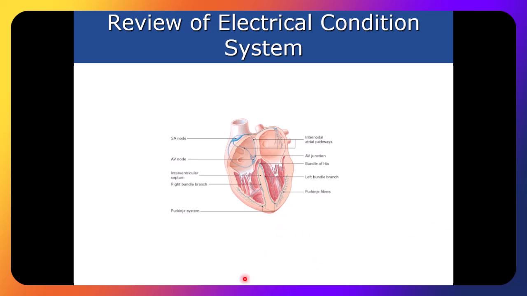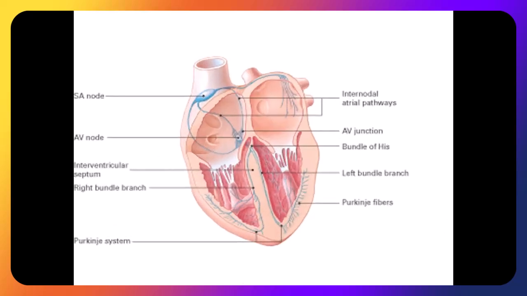Okay, let's do this. Let's make this a little bit bigger. Now, as we're looking at this, again, remember, I can only go to one side when I enlarge. Right here is our AV junction. So when it fires, remember it's sending the impulse down and it's sending the impulse back up.